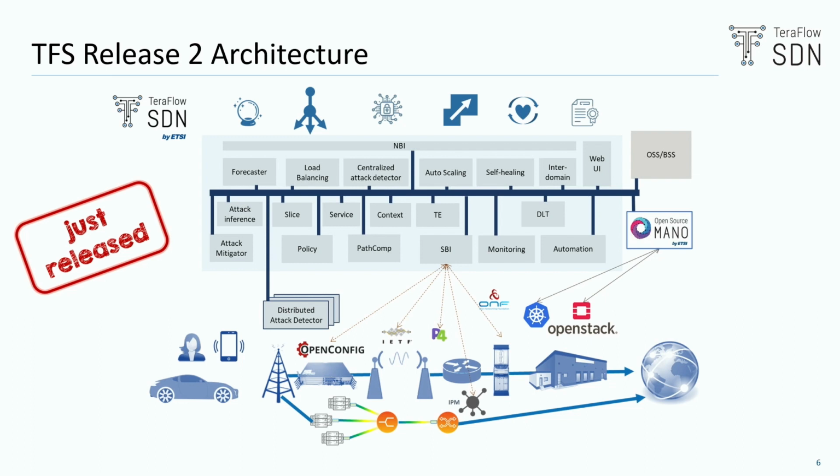In particular, we support OpenConfig for packet-based routers and switches. We support the IETF data models, IETF topology if I'm not wrong, to manage the microwave links. Well, P4, as you will see later, for switches. And ONF, especially for the optical network, ONF Transport API, and essentially that's it.